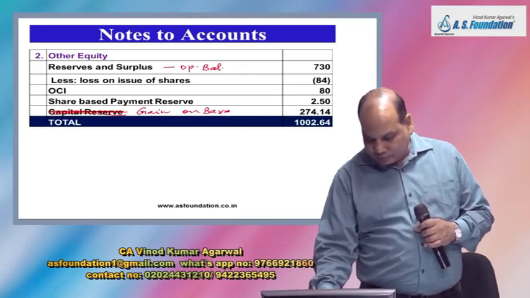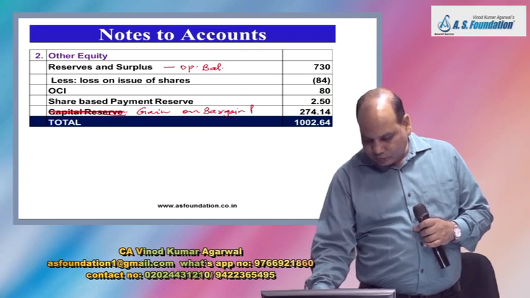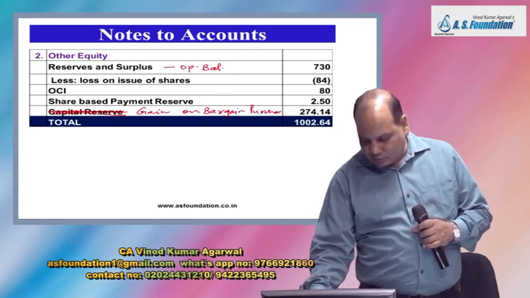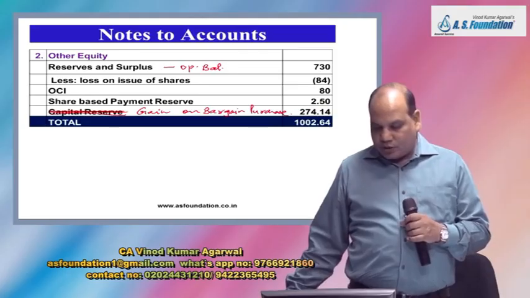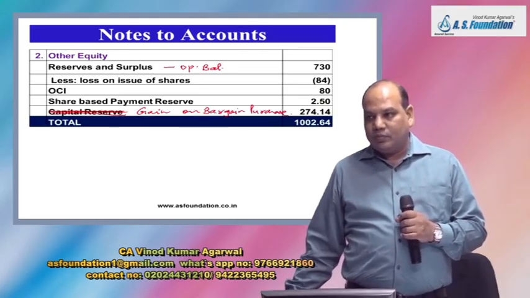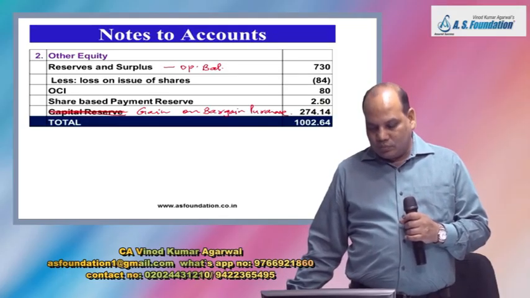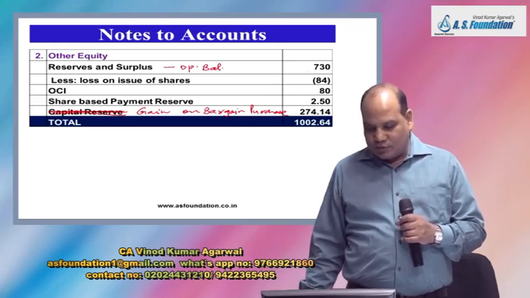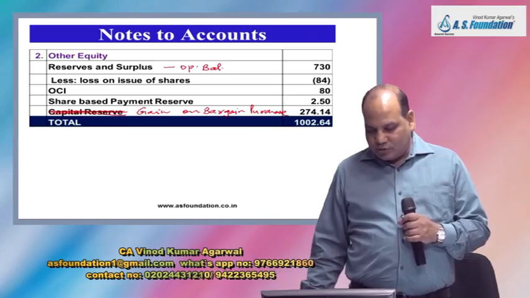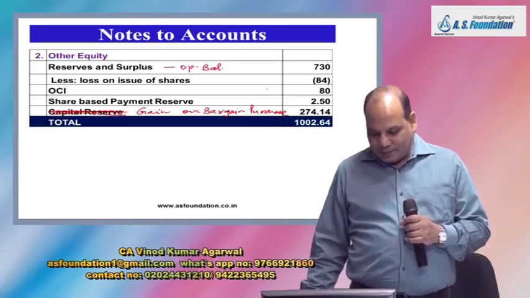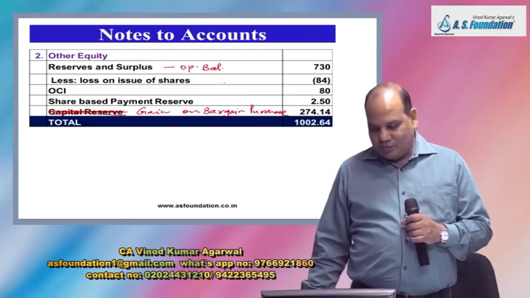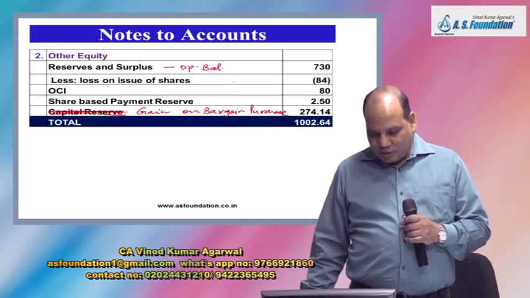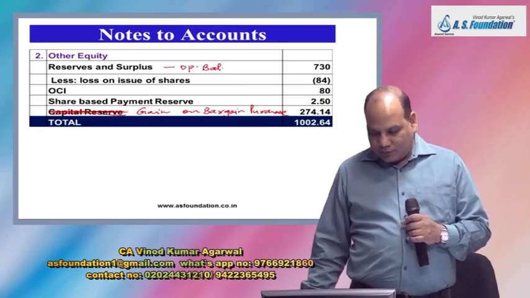Start from there. Less loss on issue of share 84. For this question, this much is enough. This is ACCA only.